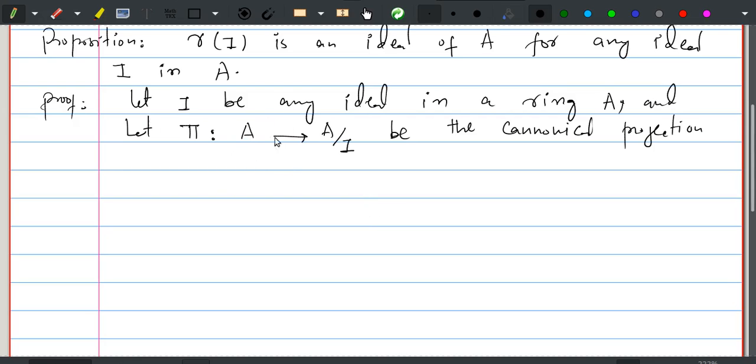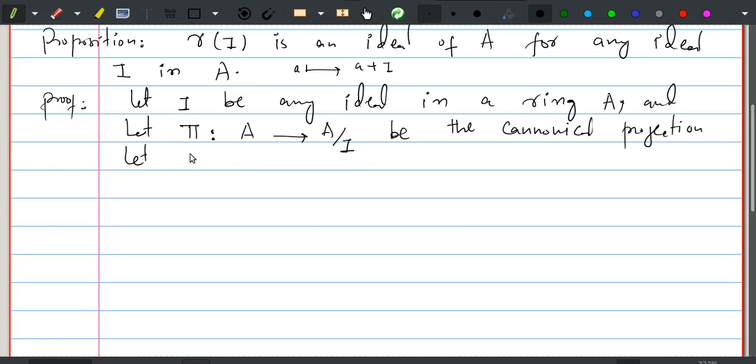That means this pi takes an element a in A, so its coset by I. So a goes to a plus I. So then we know that the inverse image of any ideal of A mod I is an ideal of A.